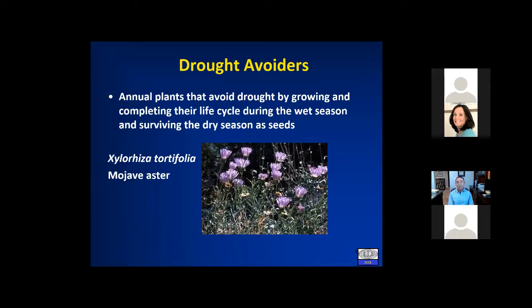If we don't have a rainy season, they don't germinate, and in a dry year those seeds will stay dormant. But these plants will go from seedling stage to flowering and seed set within a couple of weeks, and that's when the desert really comes into flower. They're really nice to have out in the desert, and those are the photographs we all see with people. So that's what a drought avoider is.